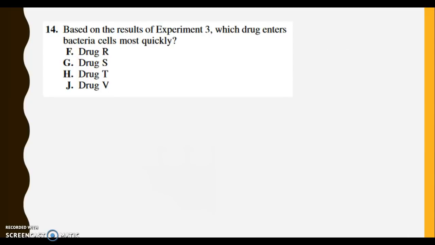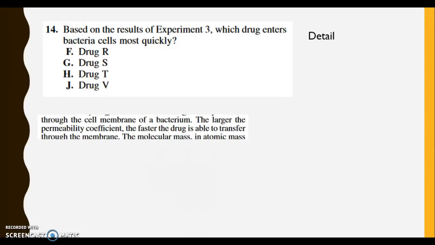Question 14. Based on the results of experiment 3, which drug enters bacteria cells most quickly? There was a little line in our passage right here where it talks about the larger the permeability coefficient, the faster the drug is able to transfer through the membrane.